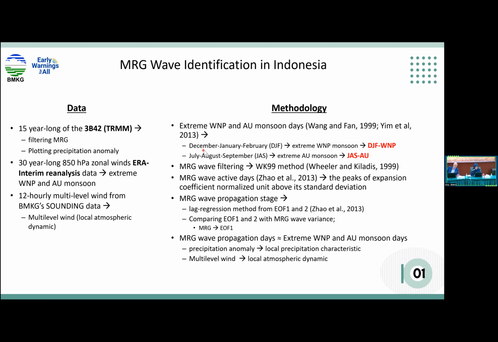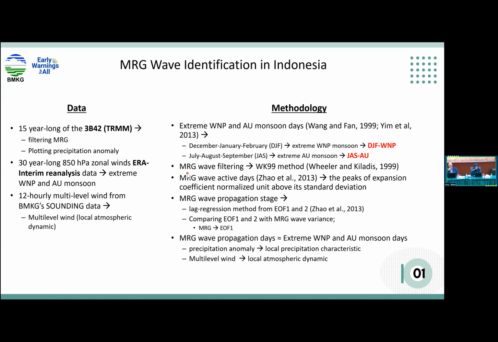It turned out that the extreme West North Pacific monsoon occurs in the Indonesian region during December, January, and February, and the extreme Australian monsoon occurs during July, August, and September. So the West North Pacific, or ASEAN monsoon, has an influence during December, January, and February, but the Australian monsoon is during July, August, and September.